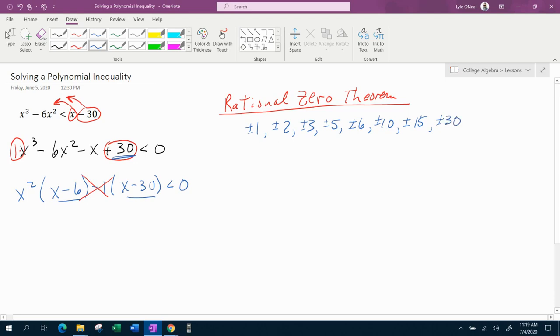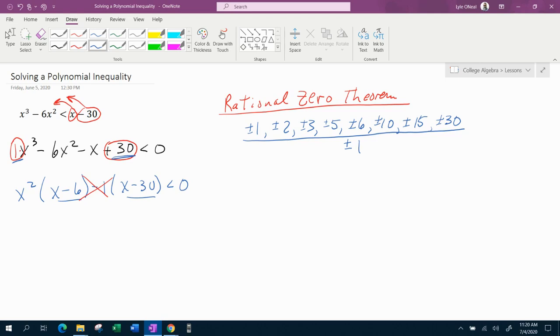So you're going to take all the factors of the constant and divide those by all of the factors of the lead coefficient. Here the lead coefficient is 1, so the only factors of 1 would be plus and minus 1. If you divide using all of your combinations, that would be 1 over 1, 2 over 1, 3 over 1, and so on. But anything over 1 is itself.